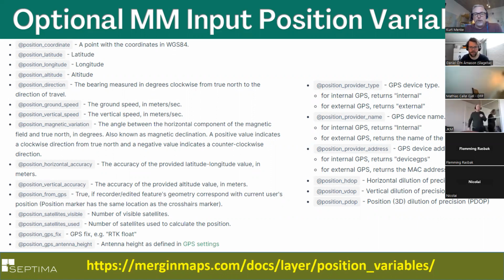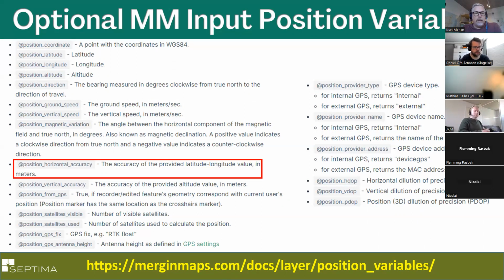If we want to know the GPS accuracy, we can use position horizontal accuracy as the default value for that field. And Mergin Maps will just input the value when you save the data. There are a lot of nice different position variables that you can include in here, including speed, altitude, vertical accuracy, etc. So you can use any of these in your data collection form.